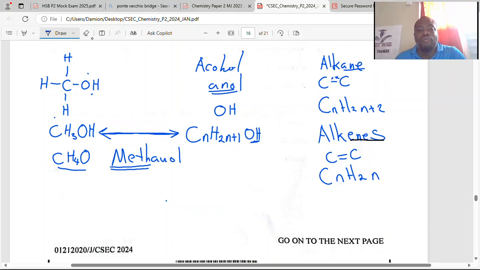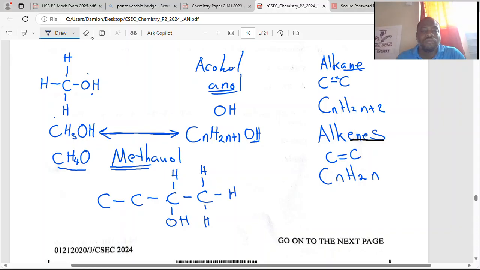Now, if we had a situation where we had more carbons, would we call this, I'm just going to jump and tell you the name, we just did butene, right?